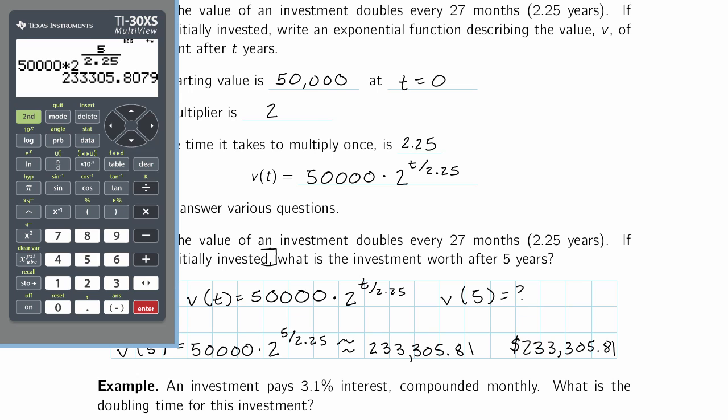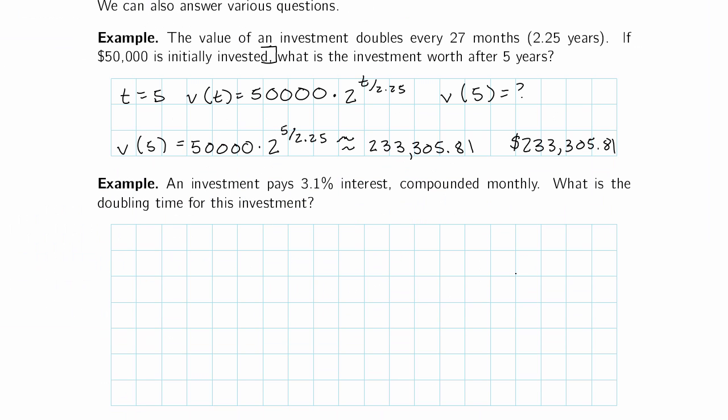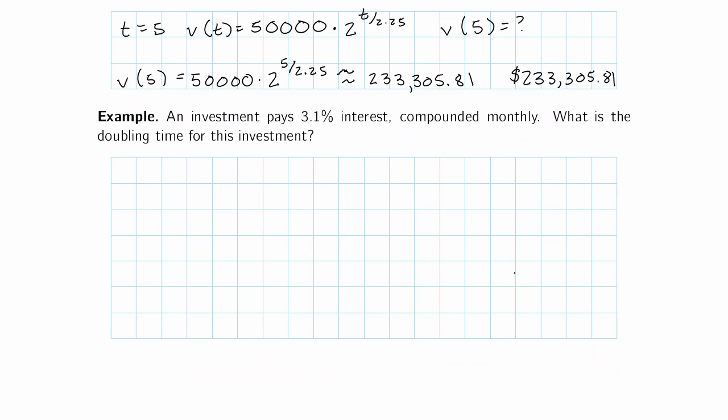We might also be asked to find the doubling time. So here we've got what an investment pays described in terms of compound interest. This investment pays 3.1% interest, compounded monthly. So that means we have r is 3.1%, so 0.031.